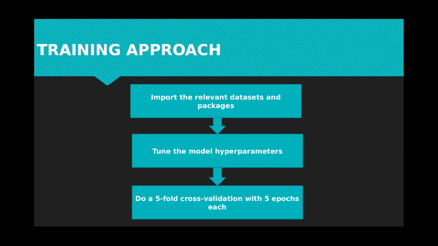The training approach was simple because I already had a pre-trained model. I just had to import the relevant dataset and packages, tune the model hyperparameters, basically set the user-defined parameters on how the machine learning model would function, and do a 5-fold cross-validation with 5 epochs each.